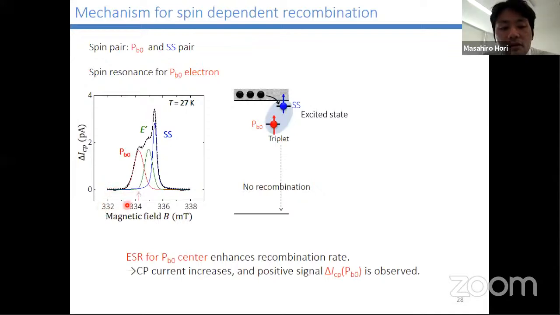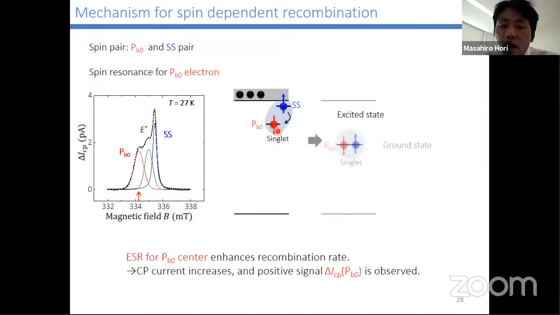But by sweeping the magnetic field, at the resonance field of the Pb0 center, the electron spin at the Pb0 center is flipped, as in this figure. So this triplet to singlet transition is allowed to relax down to the ground state singlet state. This enhances the recombination rate because of the energetically lower states. So the charge pumping current increases at the resonance field of the Pb0 center.